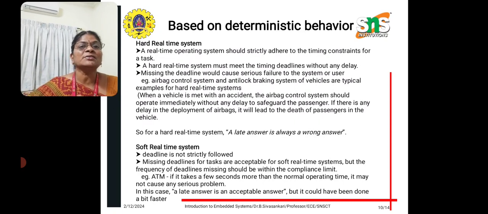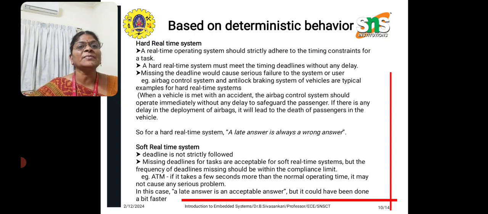And next one is hard real-time and soft real-time, based on deterministic behavior. We have two classifications: one is the hard real-time system and another one is the soft real-time system. A hard real-time system must meet the timing deadlines without any delay. Missing the deadline would cause serious failure to the system or user.